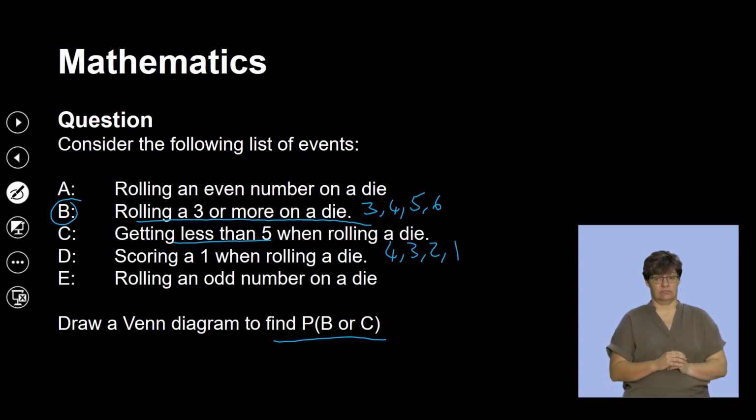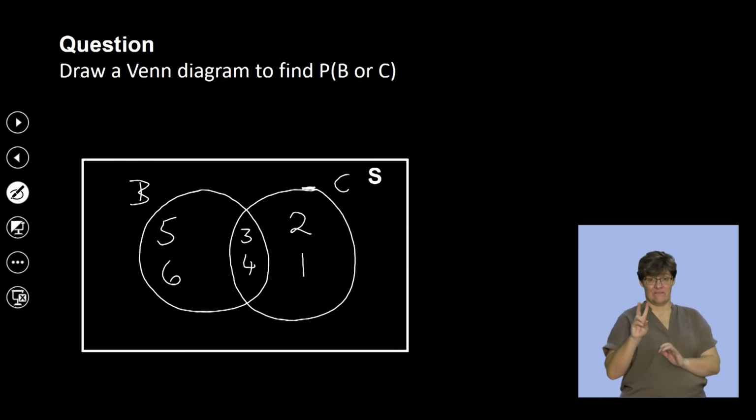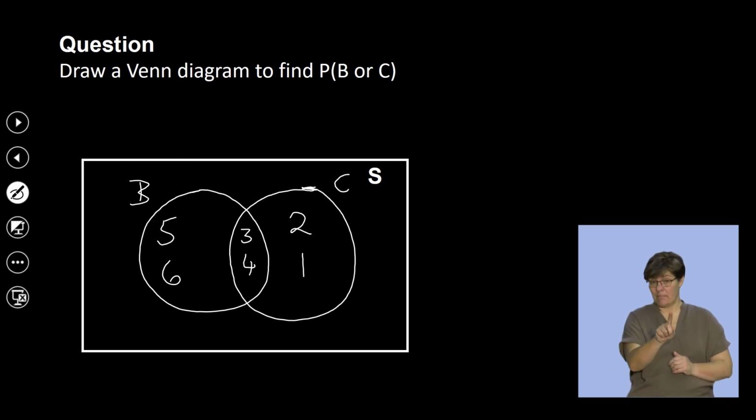We have to look at the OR rule here. So let's draw a Venn diagram and use that to calculate. I've gone ahead and put some figures on the board already. And remember here, we're looking at the OR rule. We recognize that these are not mutually exclusive.